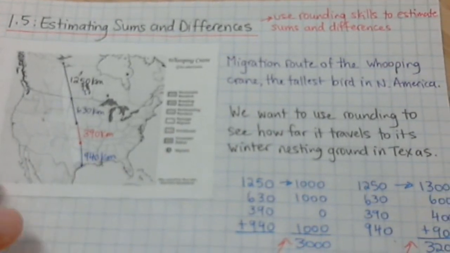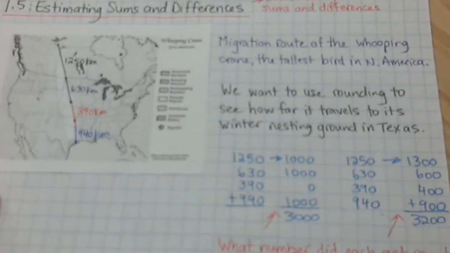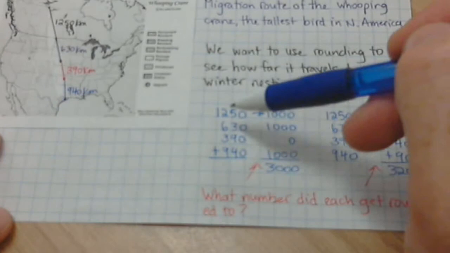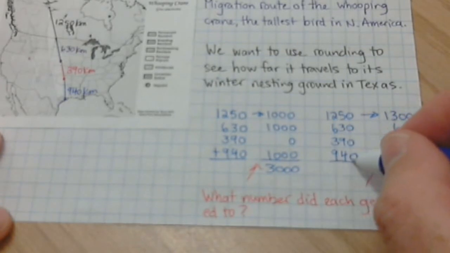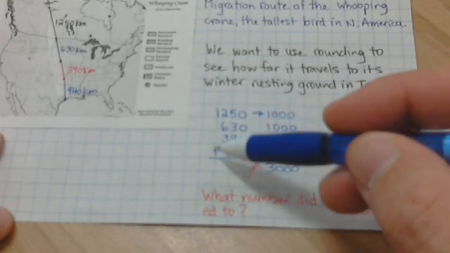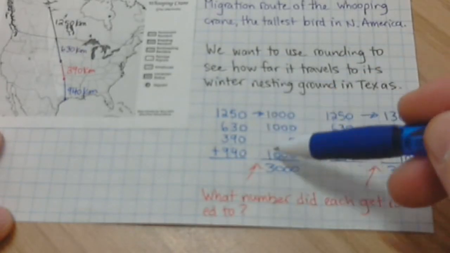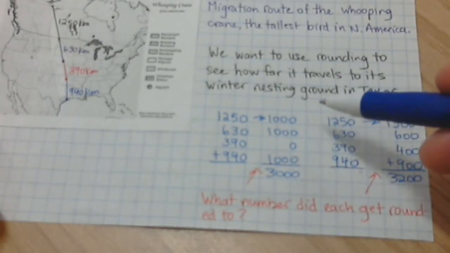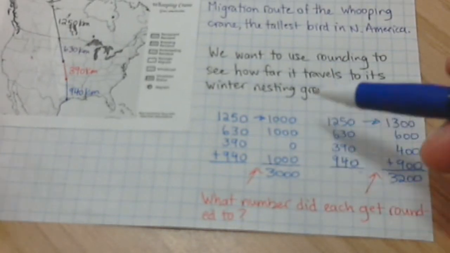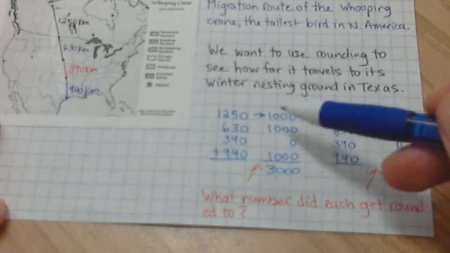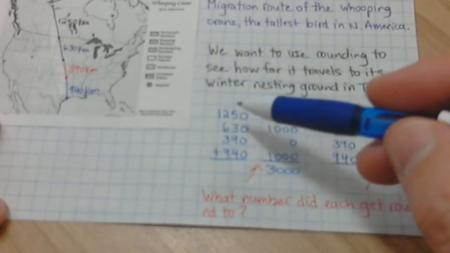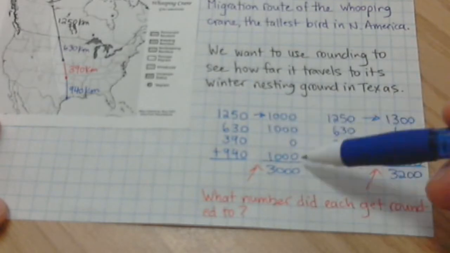The idea is that we want to use rounding to see how far it travels to its winter nesting ground in Texas. I showed two ways to round these numbers. These are the four numbers that we've used. They basically get rounded to, well, what do you think? This one gets rounded to the nearest 1,000. So 1,250 to the nearest 1,000 is 1,000.